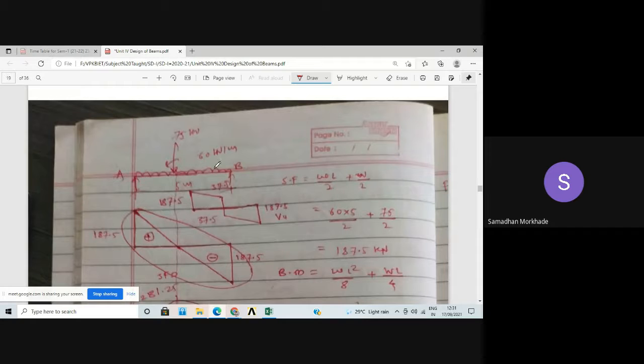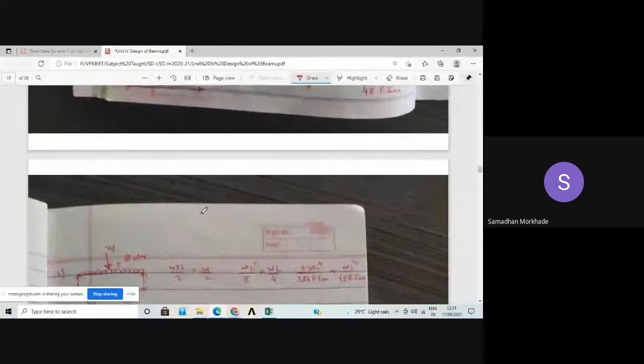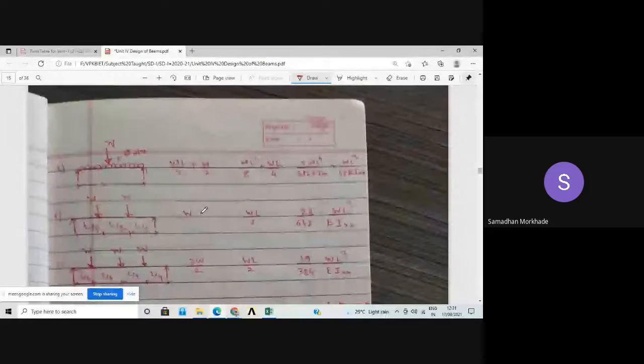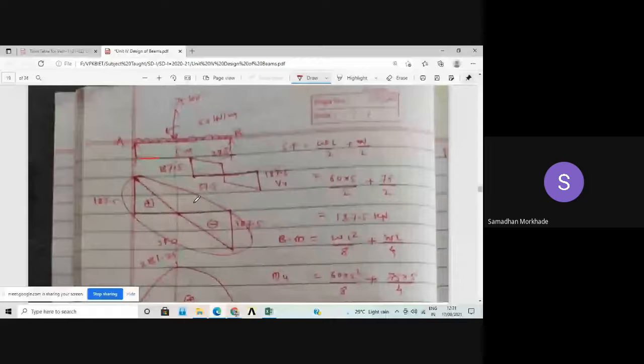This is a simply supported beam of 5-meter span. Factored UDL is 60 kilonewton per meter. Factored point load is 75 kilonewton at mid span. Therefore, you can use this standard table, or otherwise, if you have knowledge of shear force and bending moment, you can calculate that value. Okay.